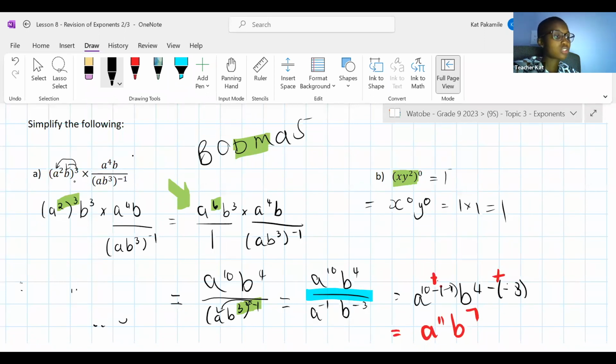Okay. But you need to tell me what you wrote with A, because that's the only one that's wrong. Tell me how you added and subtracted. For the fraction, I wrote A to the power of 4 minus 1. I got 3, and then I just said 6 plus 3 will equal 9.